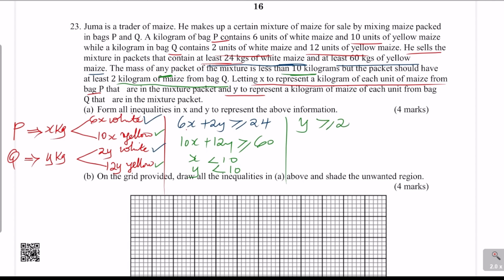It is not specific whether it is the white or the yellow, but for bag Q, Y is the one representing the kilogram of each unit. So Y should be greater than or equal to 2. And then I don't think we have any other. So those are the inequalities they're supposed to form.